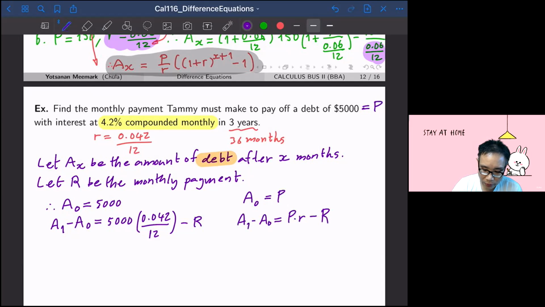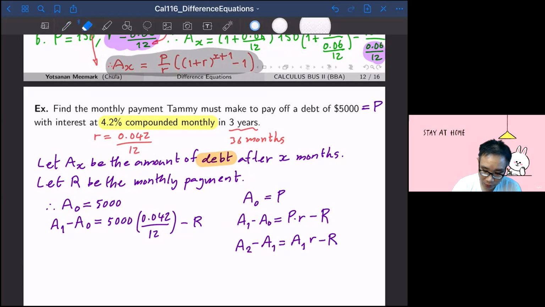For this one you still have A2. So A2 minus A1 turns out to be the money that you have for A1. So it's going to be A1, multiplied with R, and you have your monthly payment.